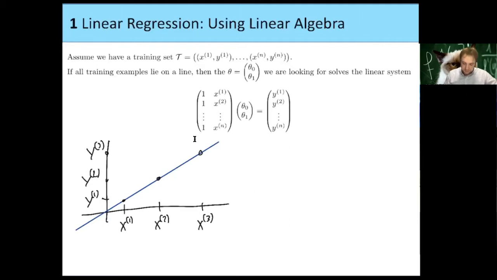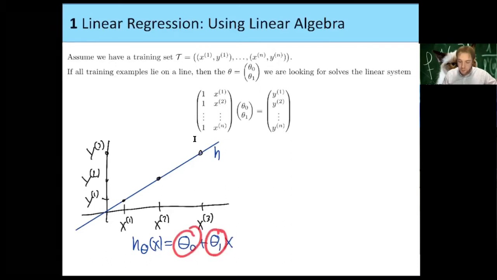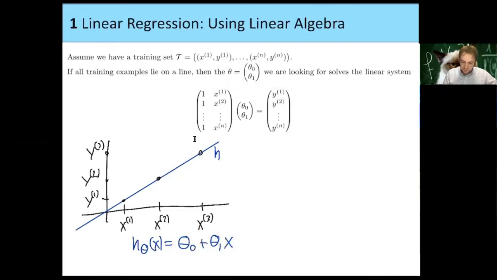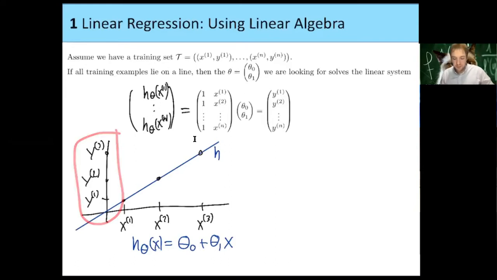And if this would be the case, then this blue curve, this hypothesis, this line through these 3 points, which was given by theta 0 plus theta 1 times x, then these two numbers, theta 0 and theta 1, would satisfy this equation here, right? Because if you multiply this out, then here you have exactly h theta of x1 up to h theta of xn, where here in the picture n equals 3.